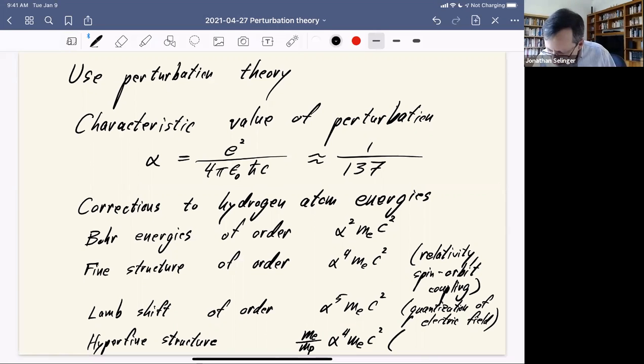This comes from the interaction of electron and proton magnetic dipole moments. For people who want to go into atomic physics with great precision, there's a lot of information available through perturbation theory about all these different corrections to the exactly solvable problem that we have done so far.